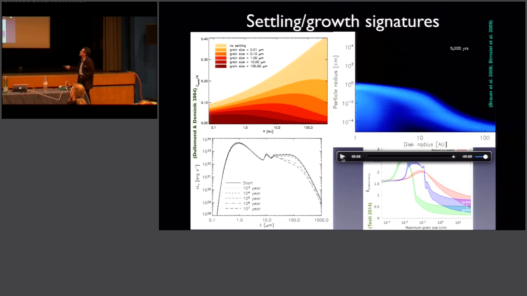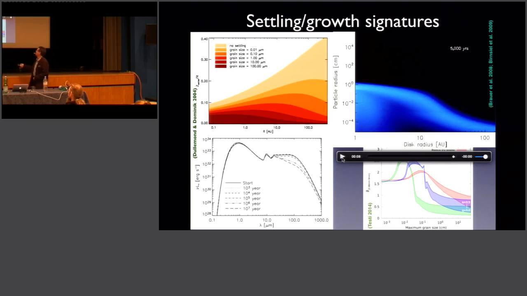And the other thing that you predict with this model is that the scale height that you would measure if you resolve the disk not radially but vertically should be different depending on the wavelength at which you observe, because different wavelengths are sensitive to different grains.